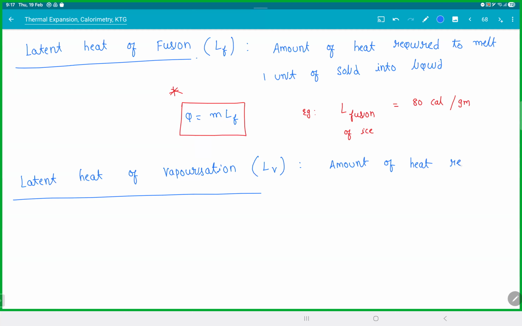Heat required to vaporize 1 gram of liquid to a gas. So be careful here. During a phase change, the temperature will not change. This is M into LV.